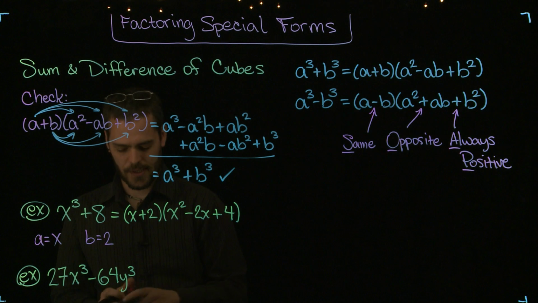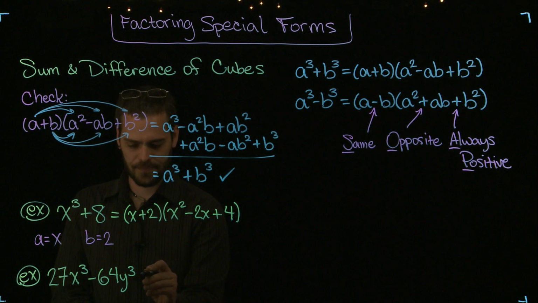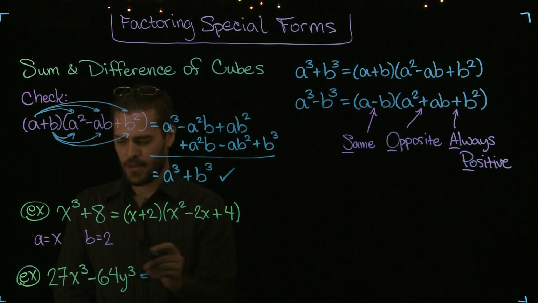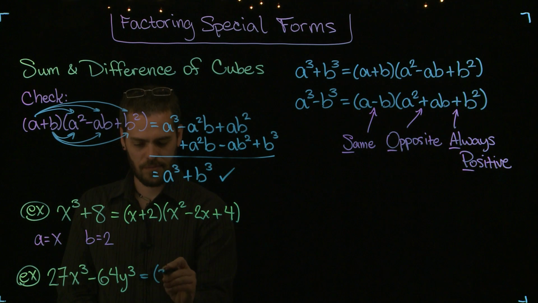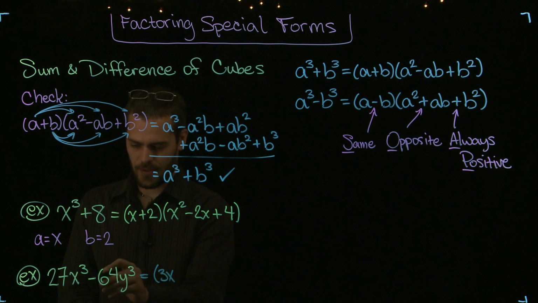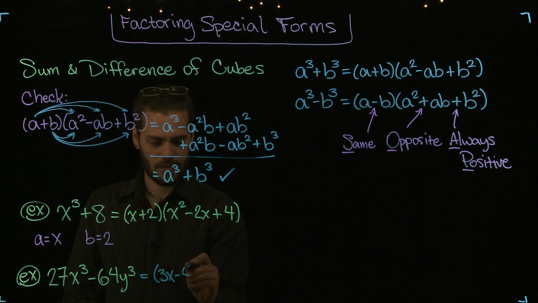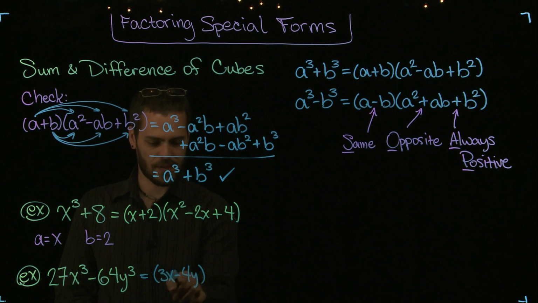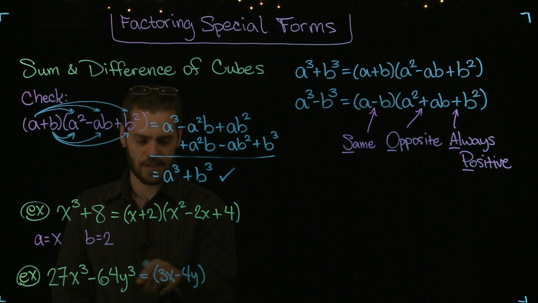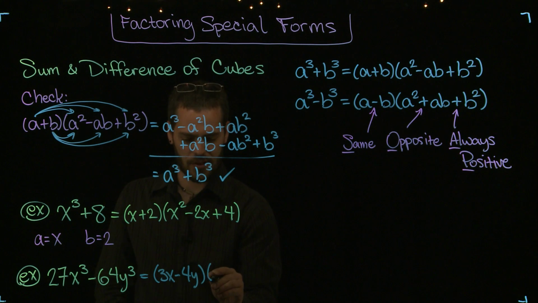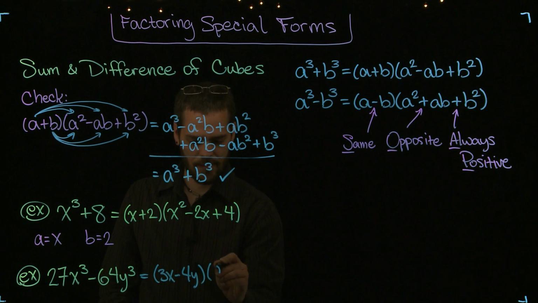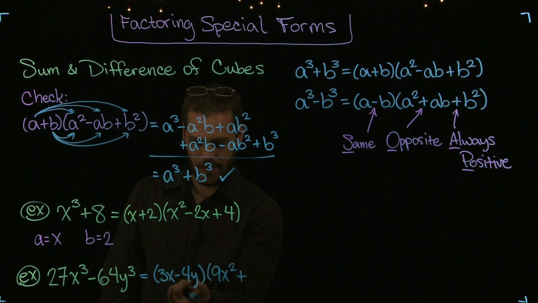So this comes out to, I'll use blue now, 3x, I'm going to use the minus sign, 4y. Those are the two things that are cubed to give these to you, but now I need the remaining trinomial. Square the first thing, 9x squared. Change the sign.